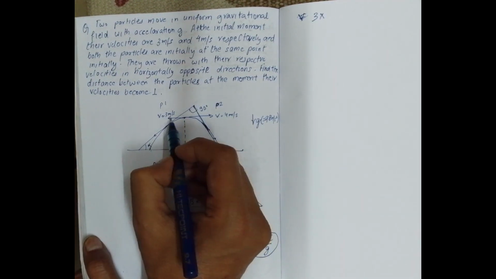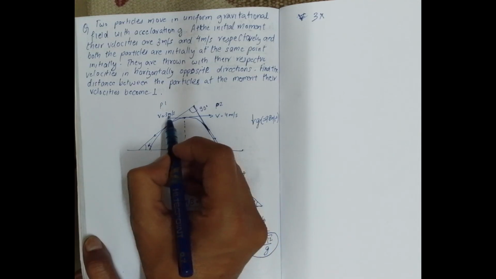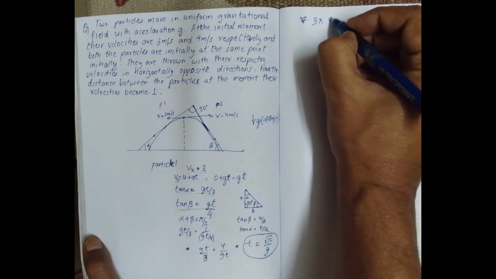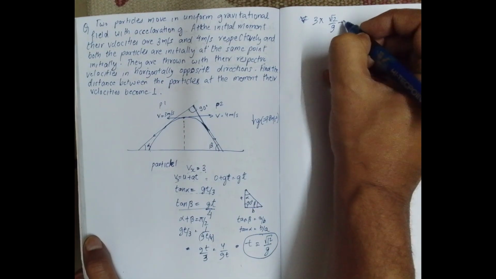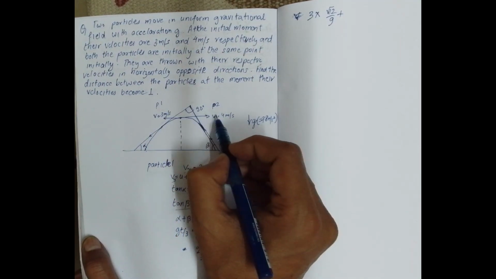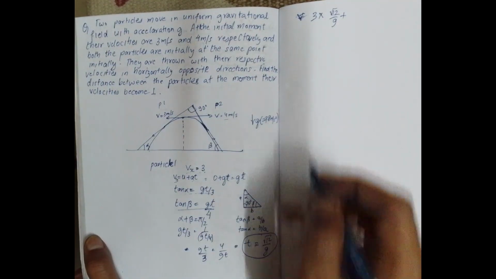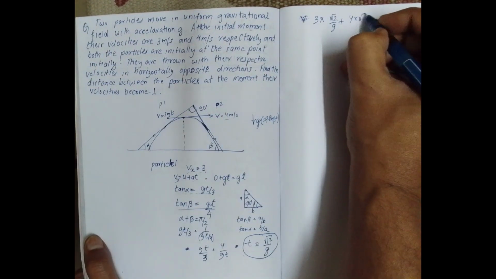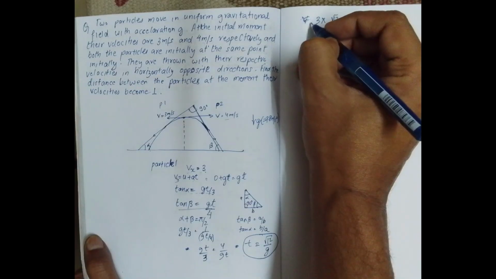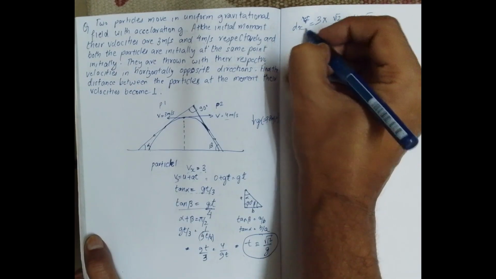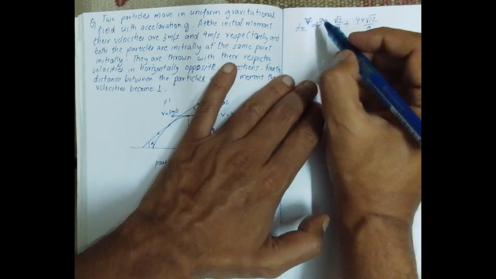This particle will travel a horizontal distance of 3 into this much time. This particle will travel a horizontal distance of 4 into this much time. So the total horizontal separation between the particles will be this much.